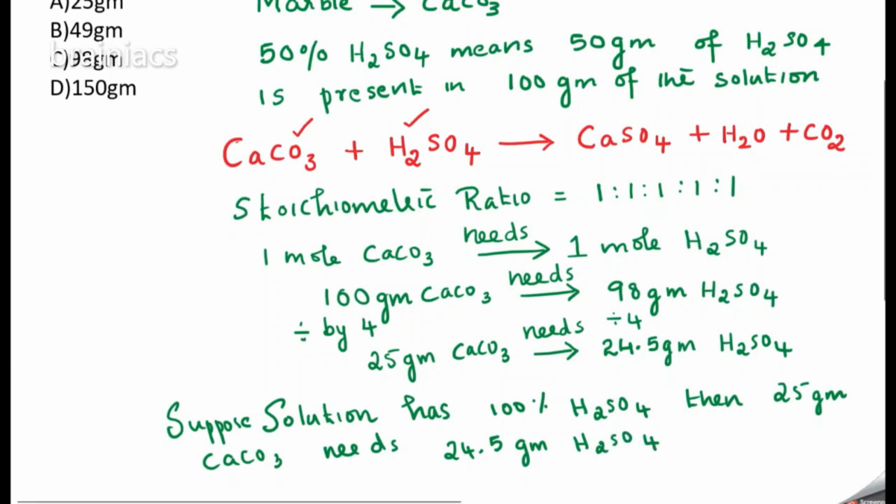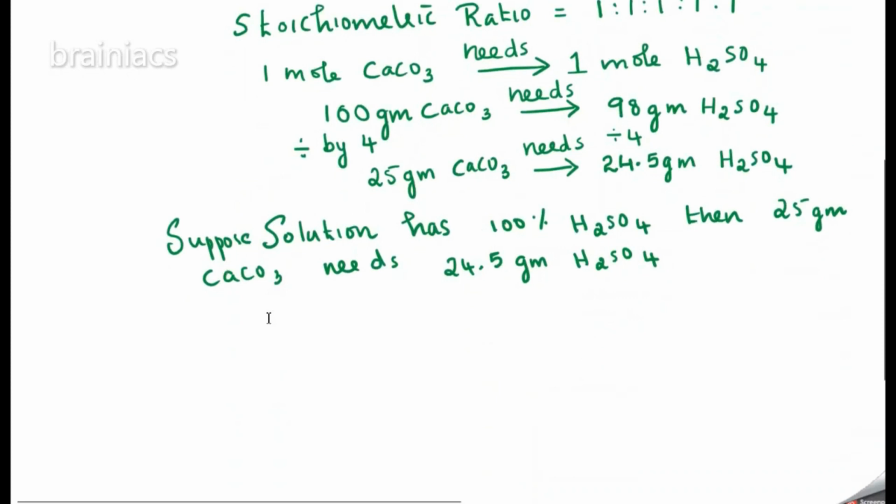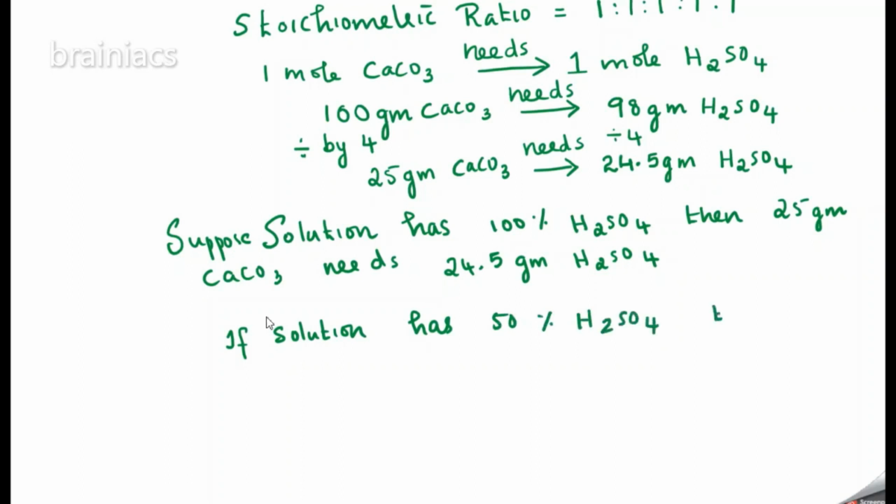But here what they have given to you is a solution which has only 50 percentage H2SO4. Correct. So if the solution has 50 percentage H2SO4, now tell me, 25 gram calcium carbonate needs how much amount of sulfuric acid?